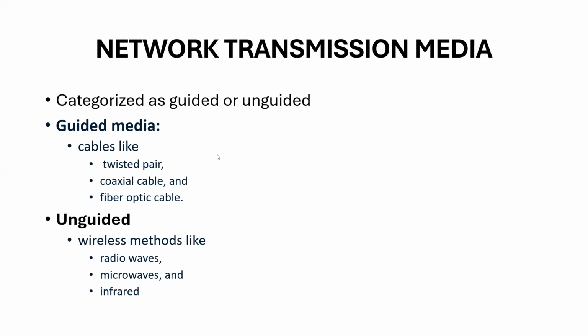So we have the twisted pair, the coaxial cables, and the fiber optic. The difference is the speed at which it carries data. Fiber optic is the fastest. Then we have the unguided media. Unguided media are like our radio waves, that's the wireless medium. So in this case, you have the radio waves, microwaves, and infrared.